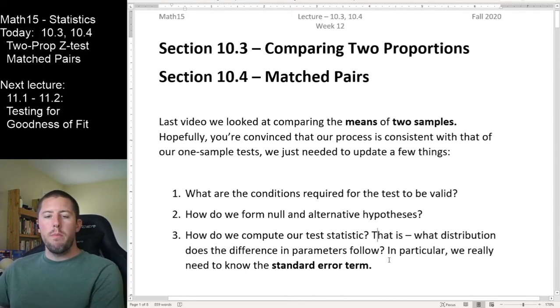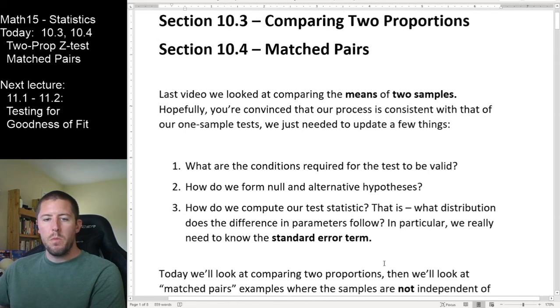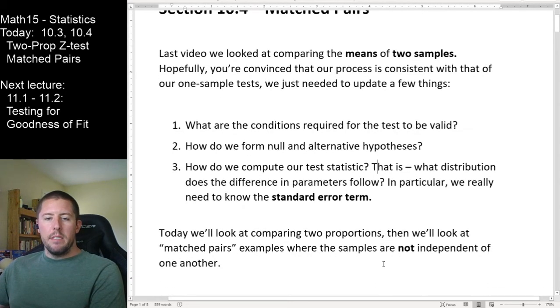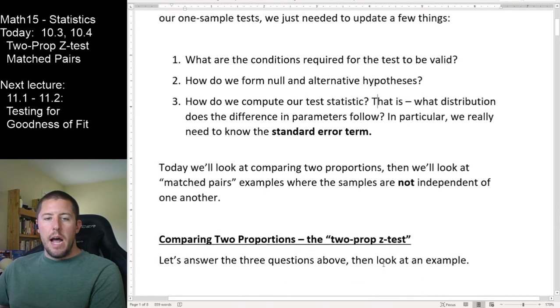If we're comparing two proportions, we want to know the difference in sample proportions. What distribution does it follow? The standard error term will be sitting there to help us describe that and to help us compute our test statistics. So in a sense, all three of these questions are getting at that same idea, these three questions, part of entry number 3 right here. So today we'll look at comparing two proportions, and then we'll look at matched pairs examples where the samples are not independent of one another.